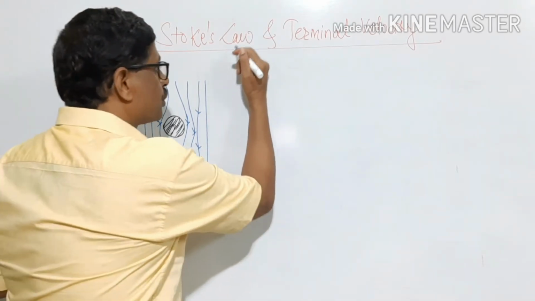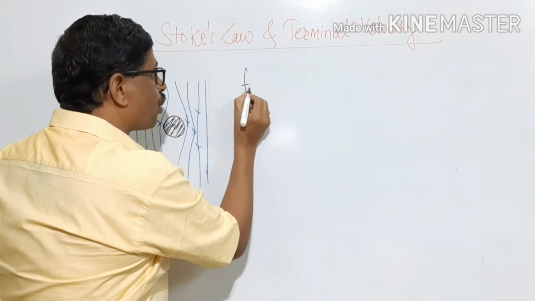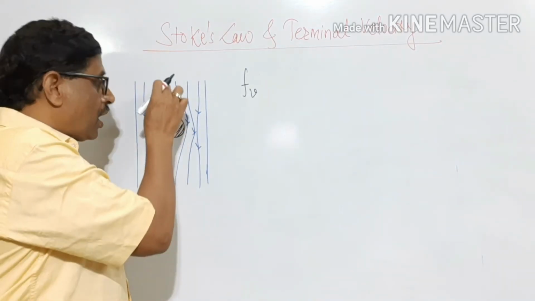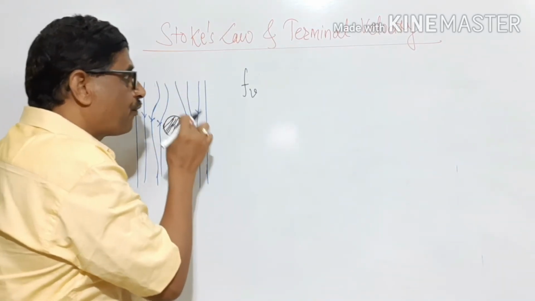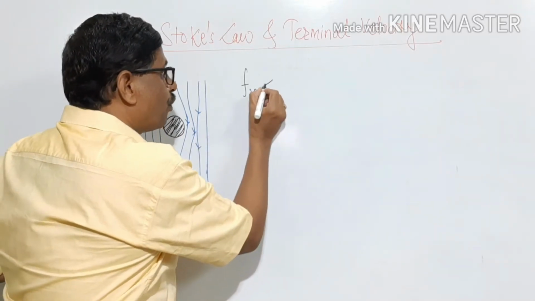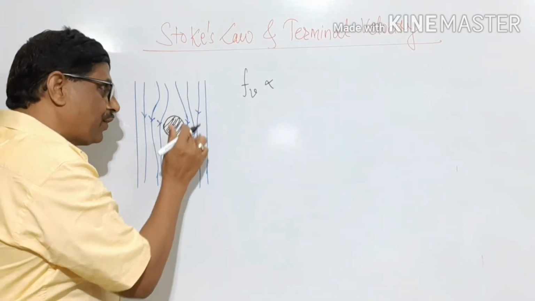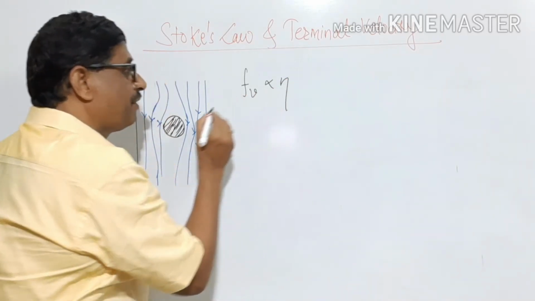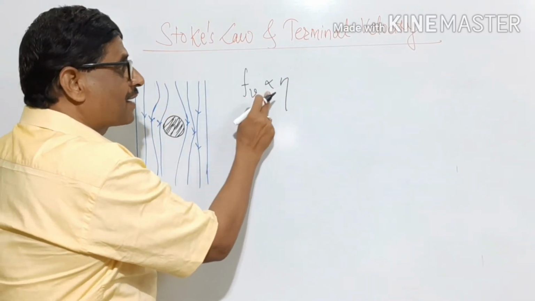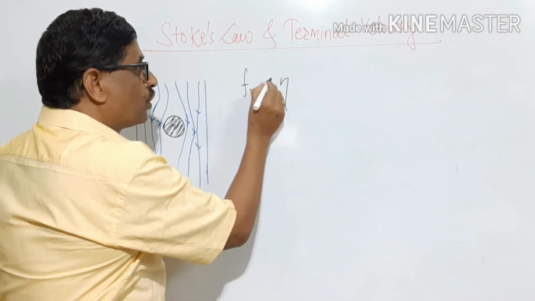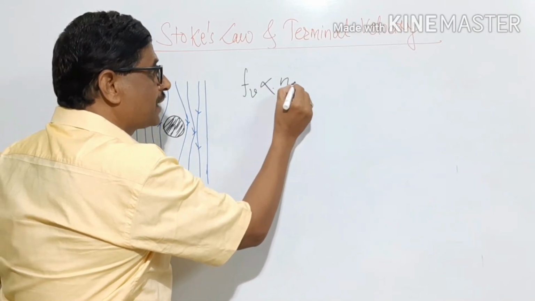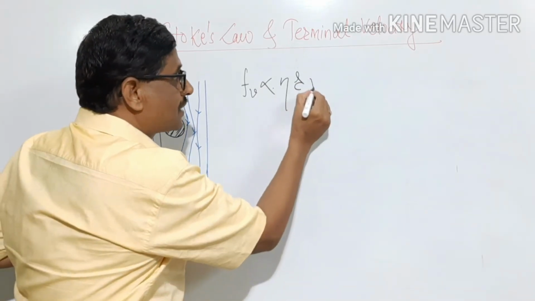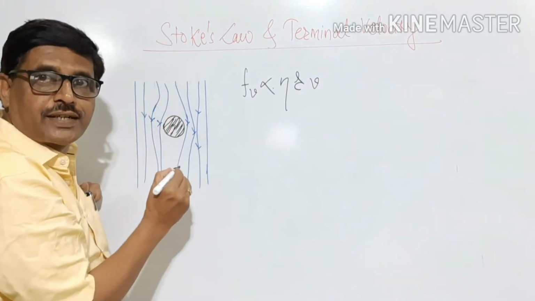According to Stokes' law, the viscous force for a spherical body of radius r moving in a liquid of coefficient of viscosity eta with a velocity v is directly proportional to the coefficient of viscosity, directly proportional to the radius, and directly proportional to the velocity.